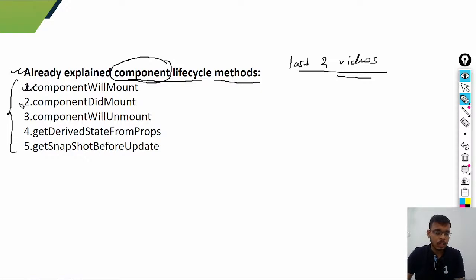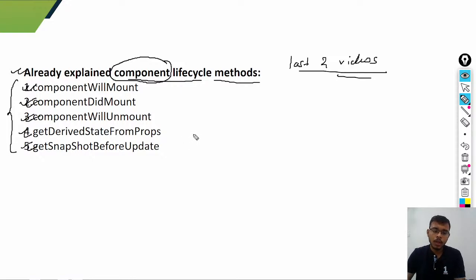We have also discussed componentDidMount, componentWillUnmount, and also getDerivedStateFromProps as well as getSnapshotBeforeUpdate. Let's discuss in brief all these 5 important lifecycle methods that we have seen in the previous 2 lectures.